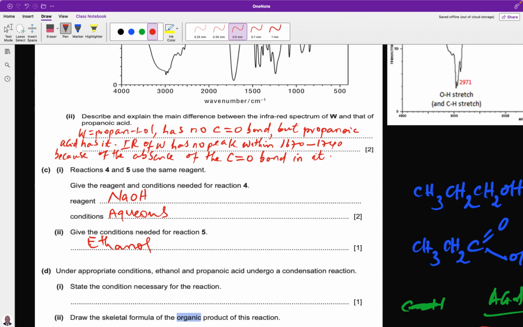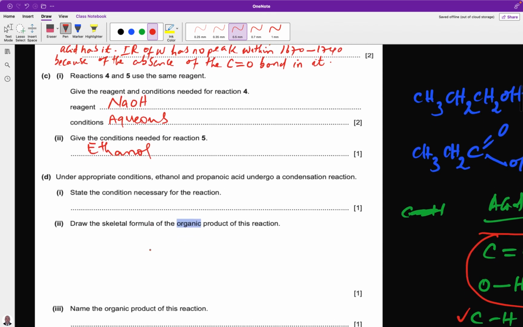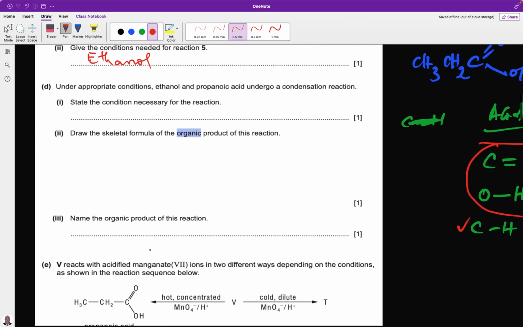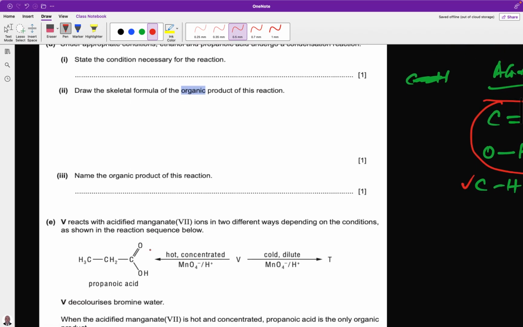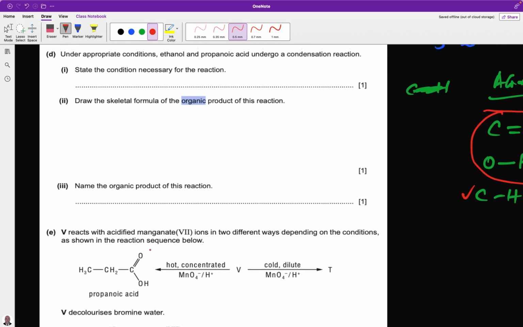So it now drives us to the D part. Under appropriate conditions, ethanol and propanoic acid undergo a condensation reaction. State the condition necessary for the reaction.